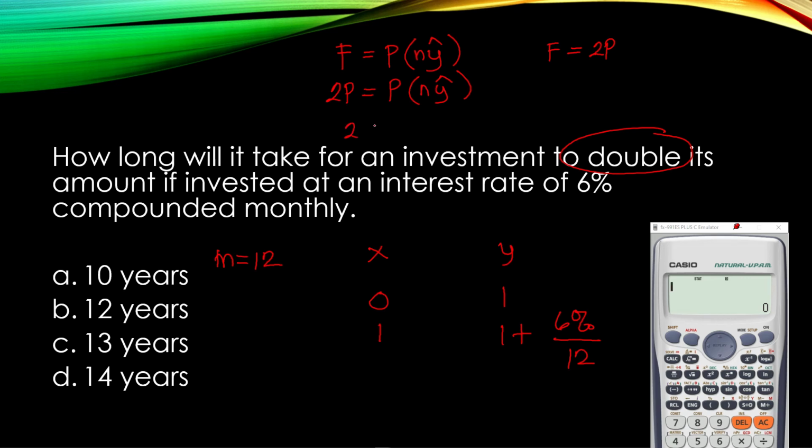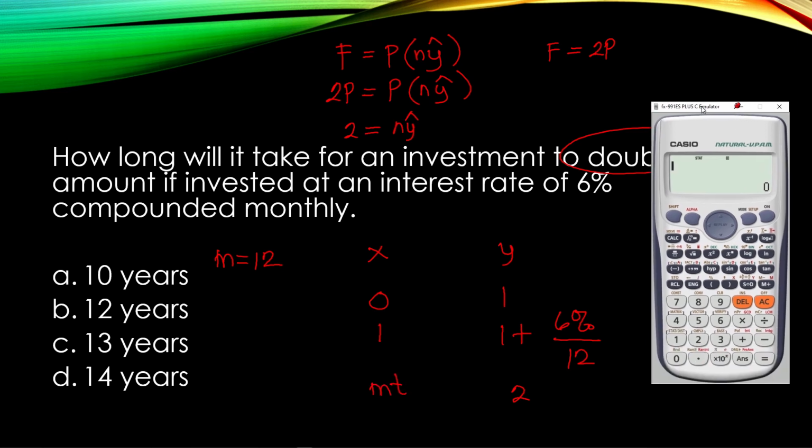So, yung NY hat natin is 2. So, meron na tayong 2 dito. And then, kukunin na lang natin yung MT. Okay? So, input natin siya sa calculator natin. So, we have 0, 1, and then we have 1 plus 6% divided by 12.